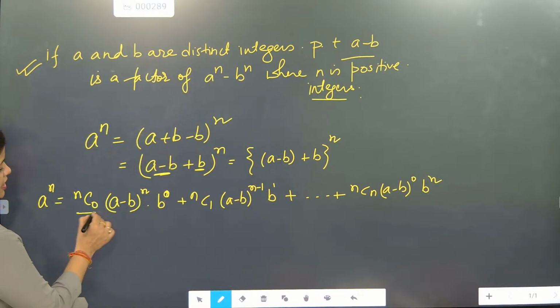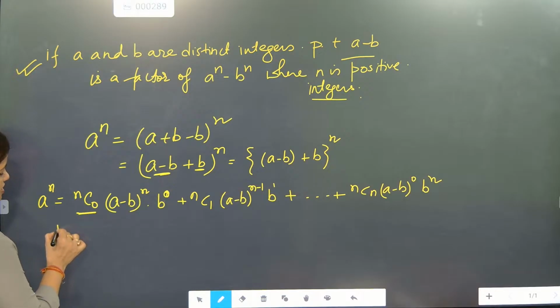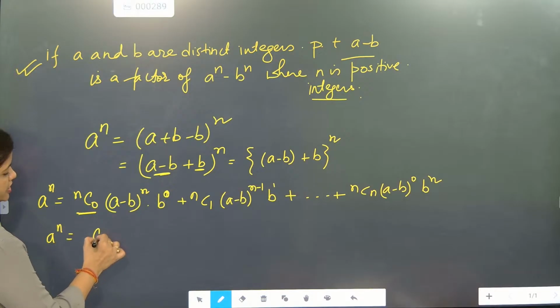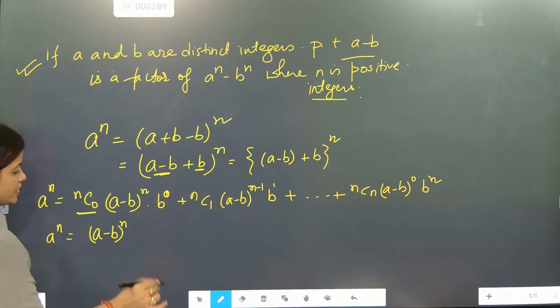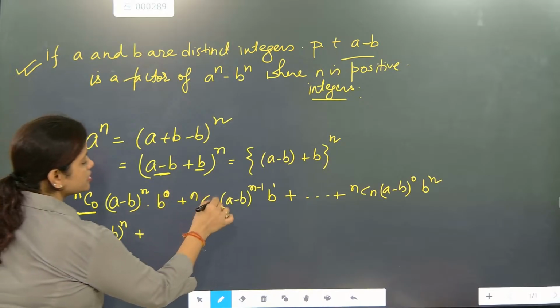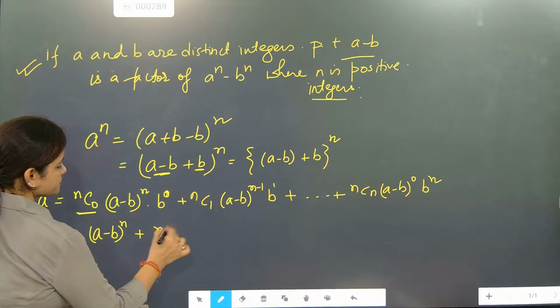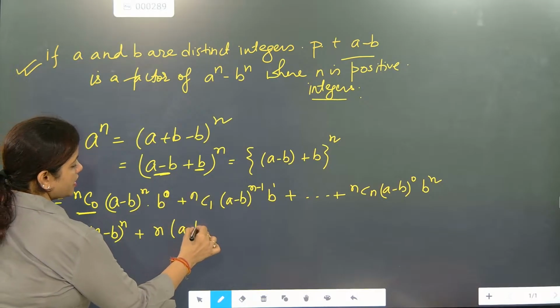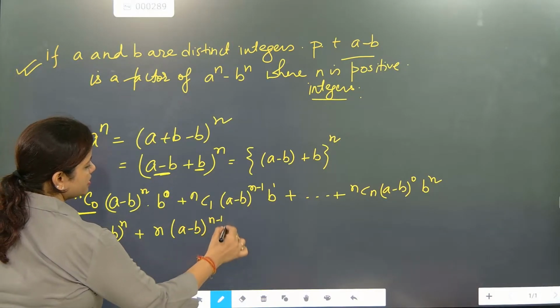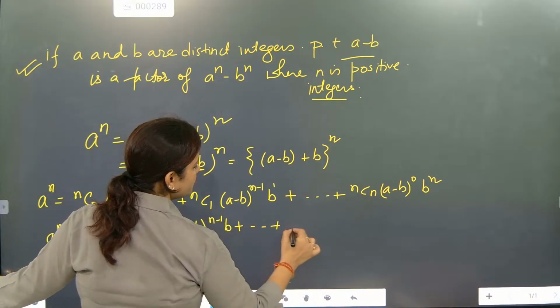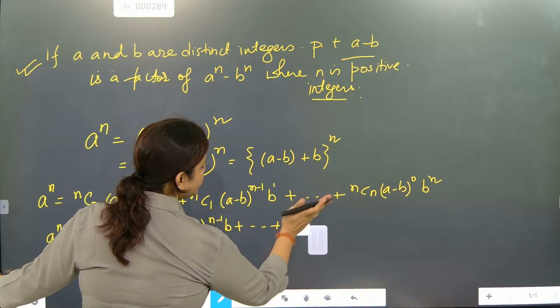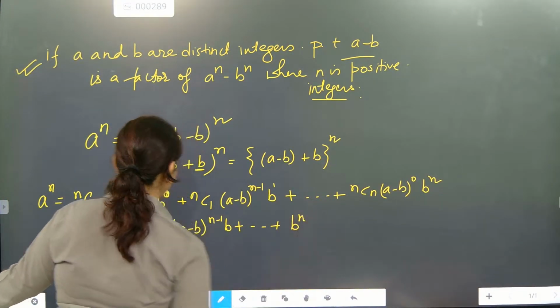What is the coefficient nC0? In the previous class I taught this is 1. So it is coming as (a minus b) to the power n, and b to the power 0 is 1. Now here only n will come, n(a minus b) to the power n minus 1 into b. And the last term is also coming as 1, so it is b to the power n.